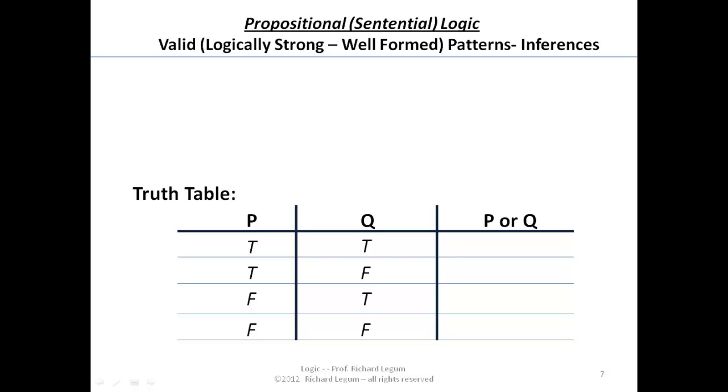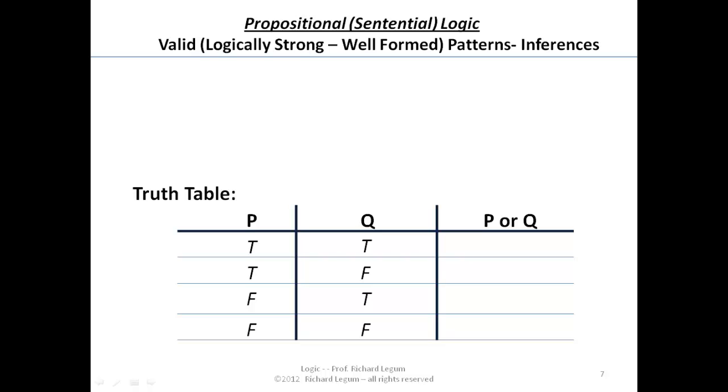In this case, and in most of our cases, the truth of the new proposition P or Q is going to be a function of the individual propositions P and Q, so we can set out all of the possibilities, all the permutations, the various ways of combining truths and falses.